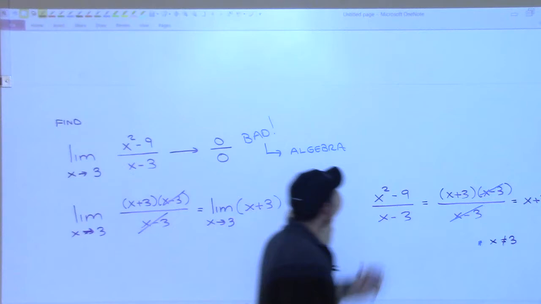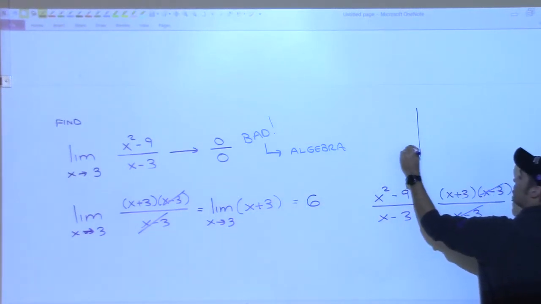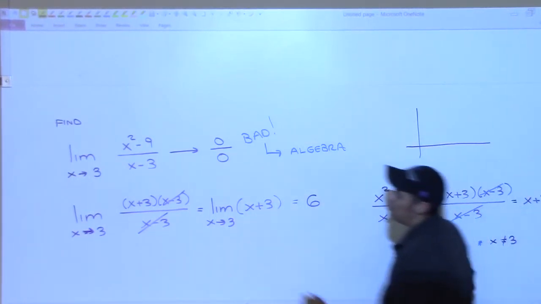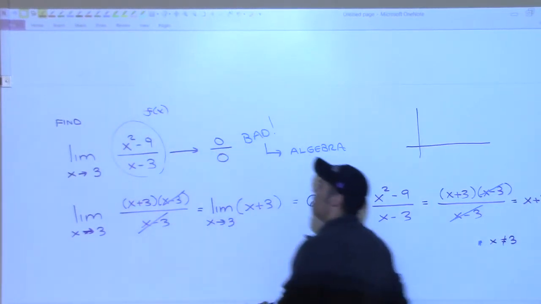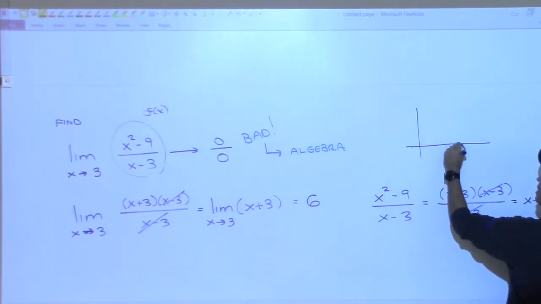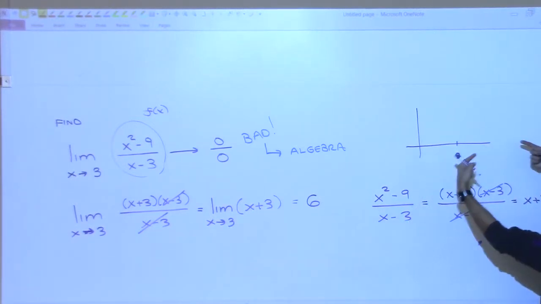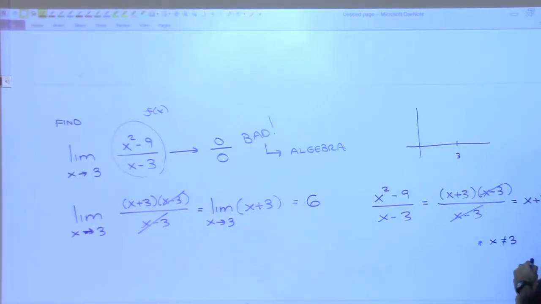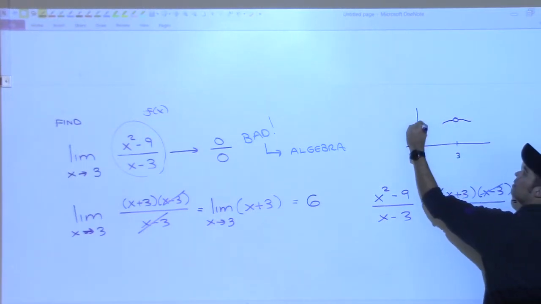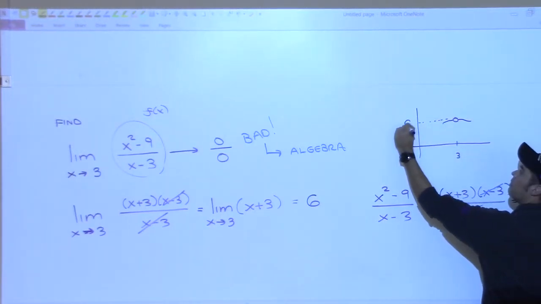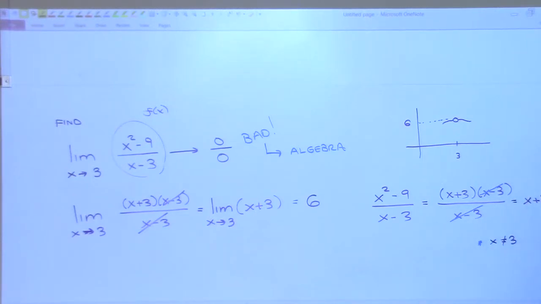So now, here's what I can tell you. If I were to graph this right here as a function, then as I get close to 3 from the left and from the right, where's my function headed? To 6. Right?